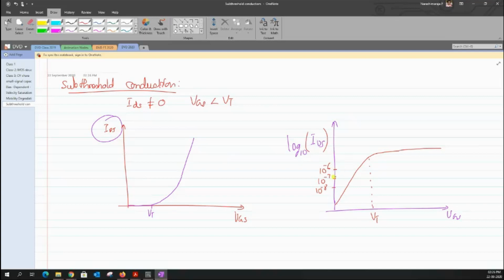Every equal increment will be in terms of decade. Clear? So when I see this curve, you could see that there is a linear relation between the logarithmic scale of IDS and the value of VGS that is less than the value of VT.